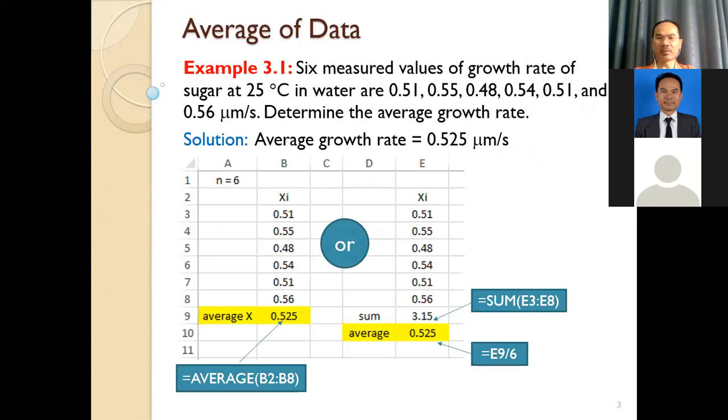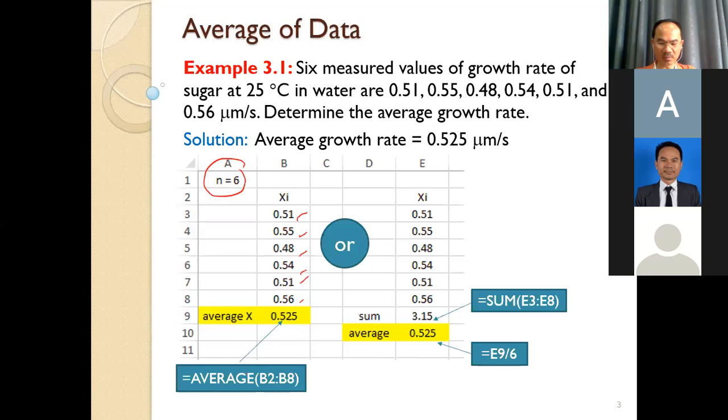For example, in this case, I show you we have the data 1, 2, 3, 4, 5, 6. Six data, so n equals 6. xi is for the value. The average is the summary of all data. You have to sum this data and divide by 6.